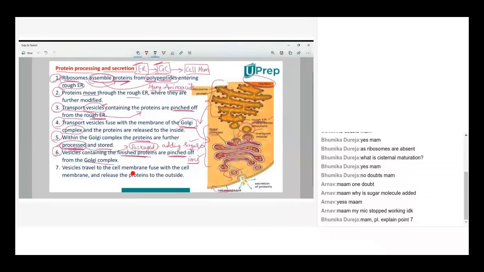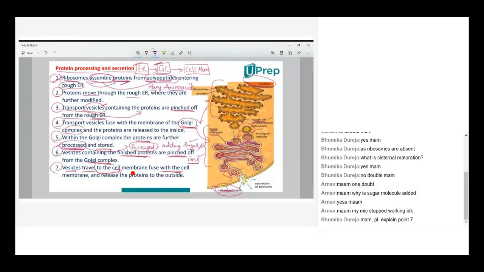Now they will fuse with the cell membrane. That's the seventh point. So what is happening? The vesicles are traveling from the Golgi complex towards the cell membrane, isn't it? And they'll fuse with the cell membrane like this. See, I'm showing on the diagram. Maybe I'll use some different color.